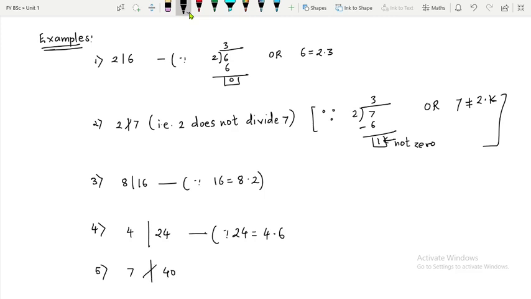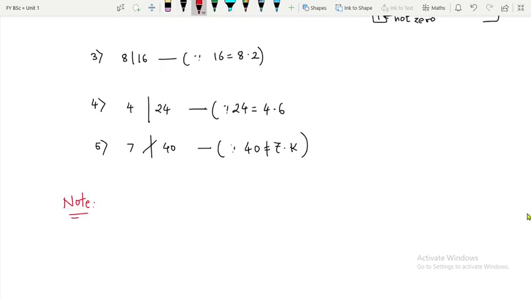The answer is no, because you cannot write 40 as 7 multiplied by some integer. This is not possible. If it is 35, then it will work, because 35 can be written as 7 multiplied by 5. 7 fives are 35, right?